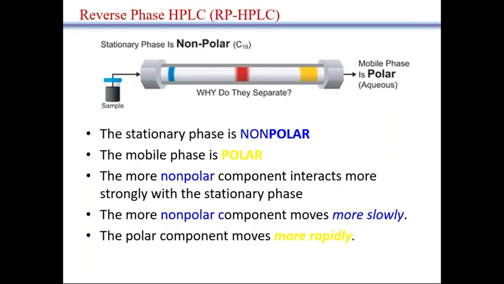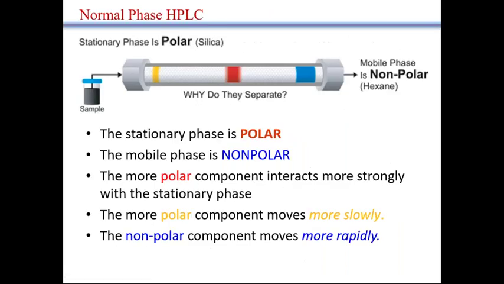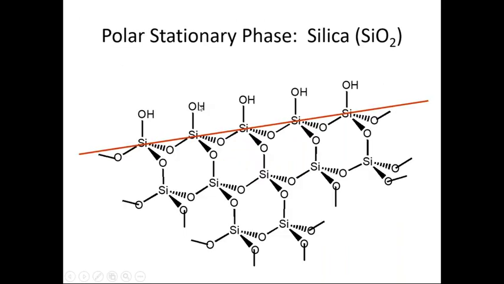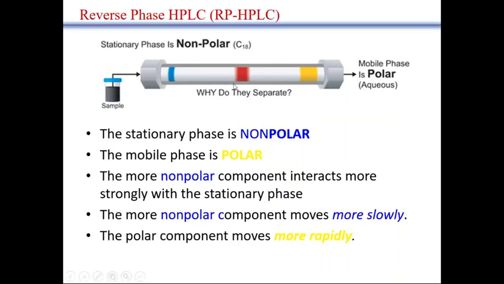Now, reverse phase, as I said, is exactly opposite. So now look at the figure. You have the exact opposite of what you saw in the previous figure. Earlier we had blue eluting first, followed by red and yellow. And now we have the yellow eluting first, followed by blue eluting last.